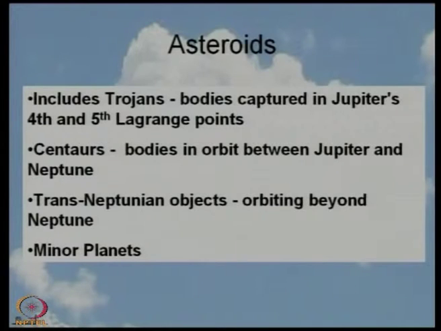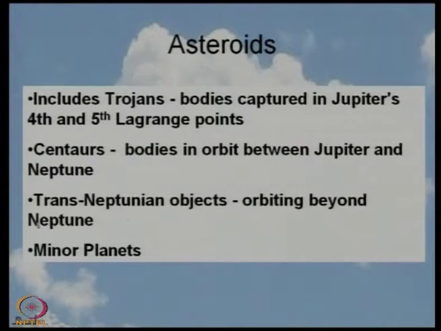Okay. We also have these centaurs, that is a name given to asteroids that lie beyond Jupiter, between Jupiter and Neptune. They have been given the name centaurs. And then there are also asteroids which lie beyond Neptune. These are known as trans-Neptunian objects, orbiting beyond Neptune.